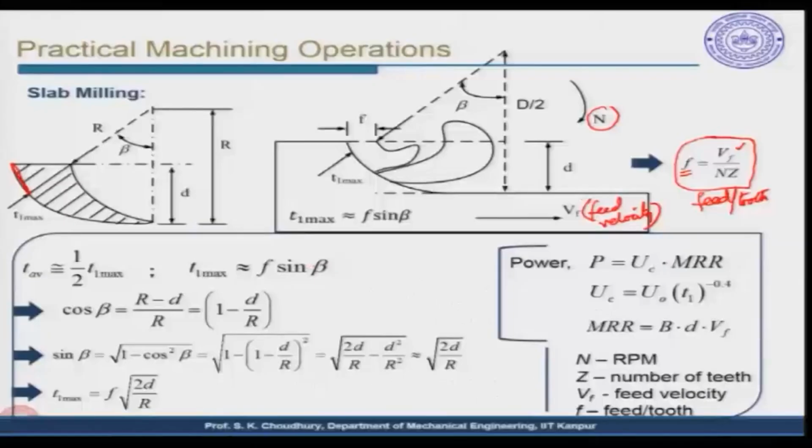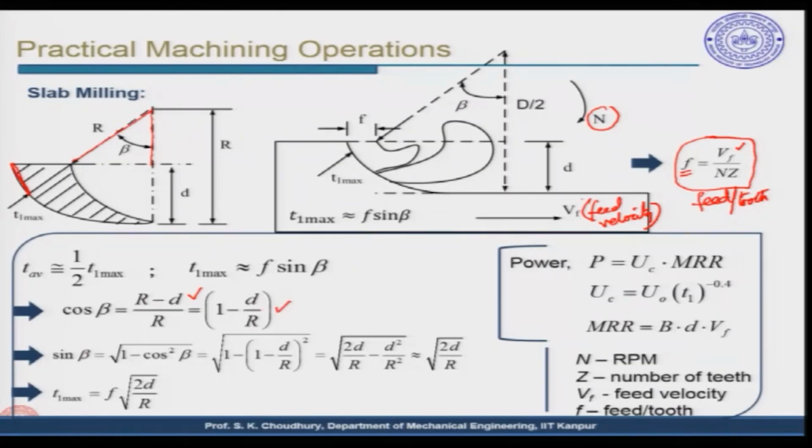Okay. Now, this T1 maximum is therefore given as f sin beta, and the cos of this angle beta is equal to this arm, that is r minus d, where r is the radius here, divided by r. Now, this value can be written as 1 minus d by r.